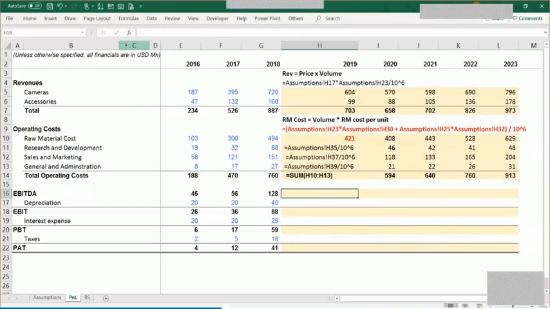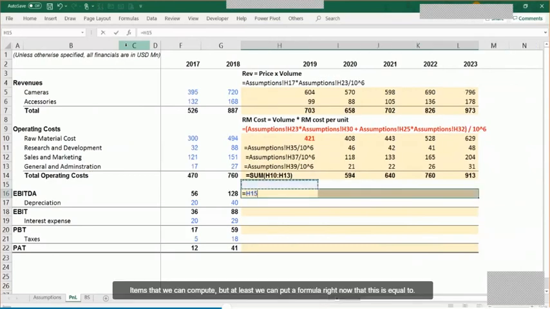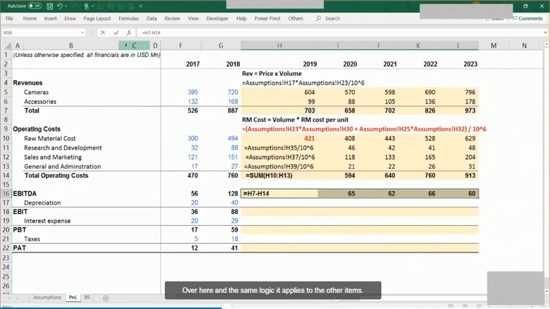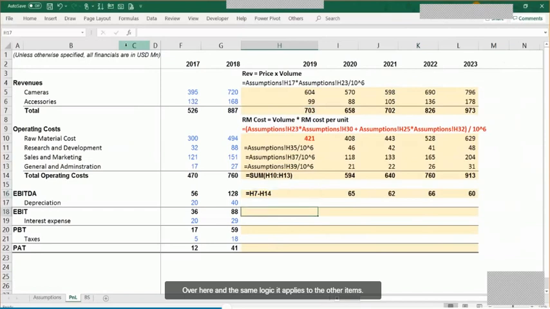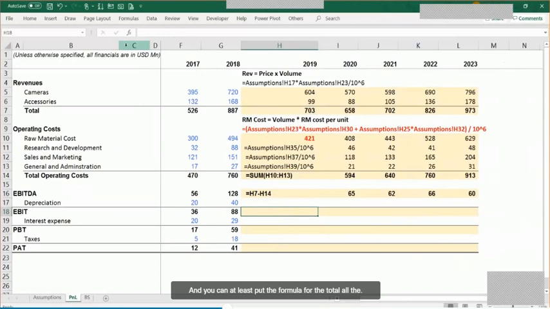So we'll put items that we can compute, but at least we can put a formula right now that this is equal to the delta over here, and the same logic applies to the other items also. You can at least put the formula for the total or the subtotal part, and then we would only be left with depreciation, interest expense, and taxes.